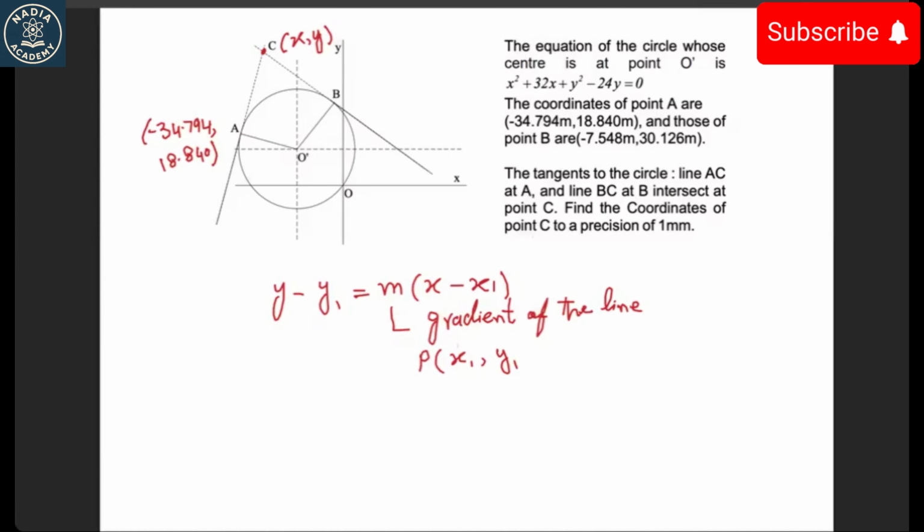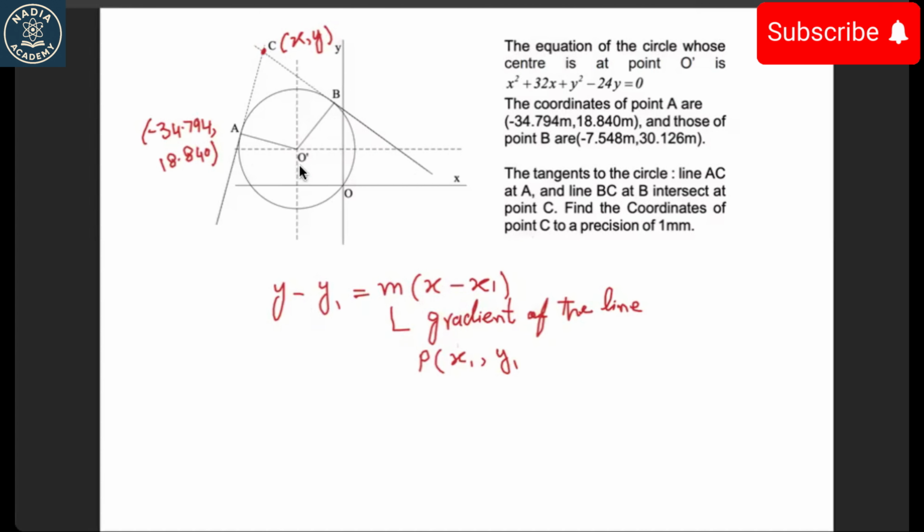So this means that if we get the gradients of these tangents, then we can find the equations of the lines, and we will solve those equations simultaneously to find the coordinates of the common point C where they intersect.